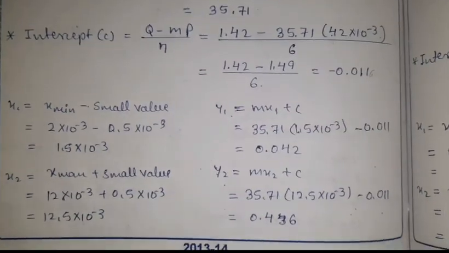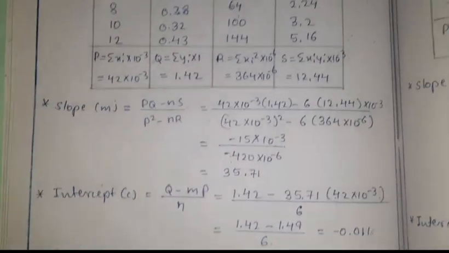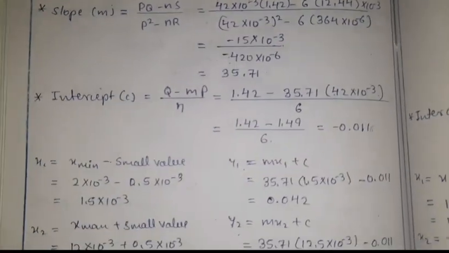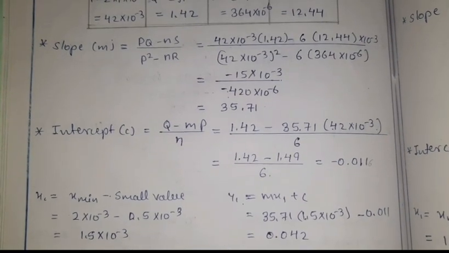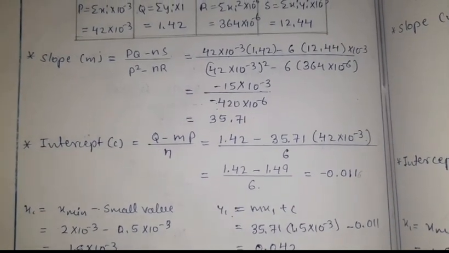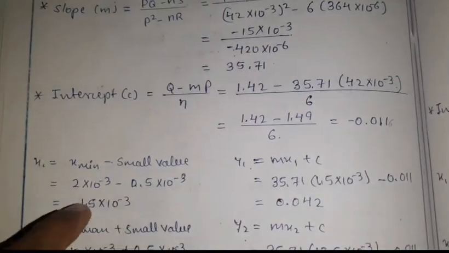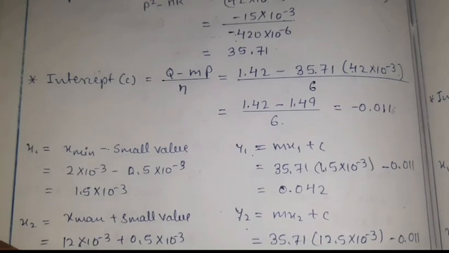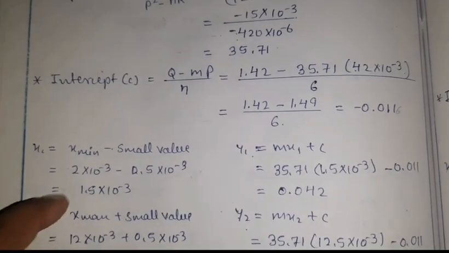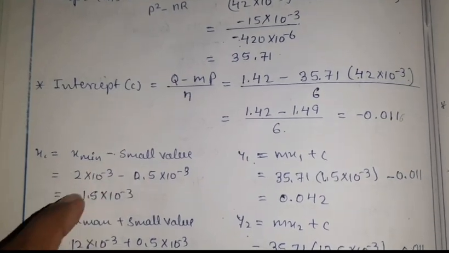Here one more thing you should note down. After calculating the LSF parameters for all the tabular columns, once you get the slope for a particular table, use that slope and intercept to calculate the x1 and y1 values. So x1 is given by x minimum minus a small value.